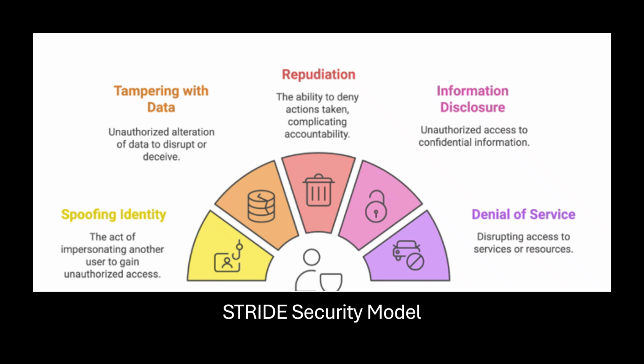It focuses on 6 categories: spoofing, where an attacker impersonates a legitimate entity; tampering, which involves unauthorized data or code changes; repudiation, where actions cannot be traced back to the actor; information disclosure, where sensitive data is exposed to unauthorized parties; denial of service, which disrupts system availability; and elevation of privilege, where attackers gain higher access than permitted.